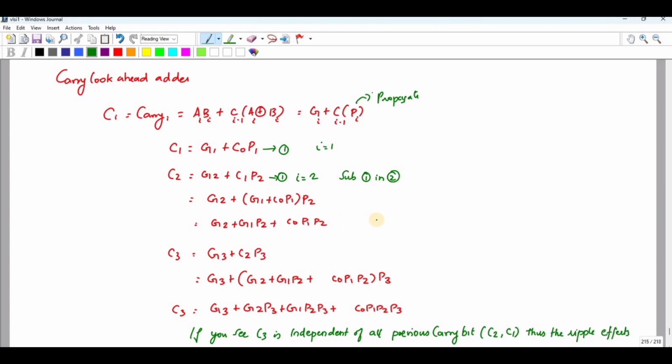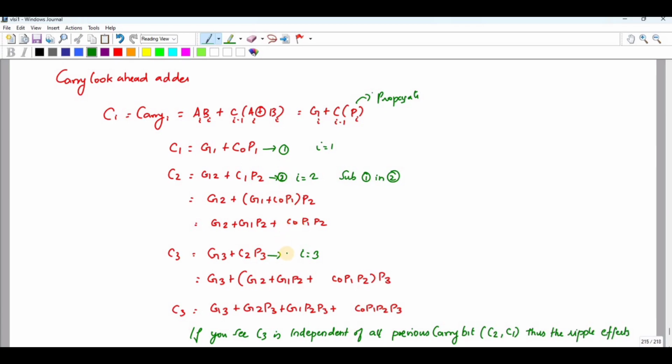Likewise, if I substitute i equal to 3, I will get C3 is equal to G3 plus C2 P3, and this is your third equation.